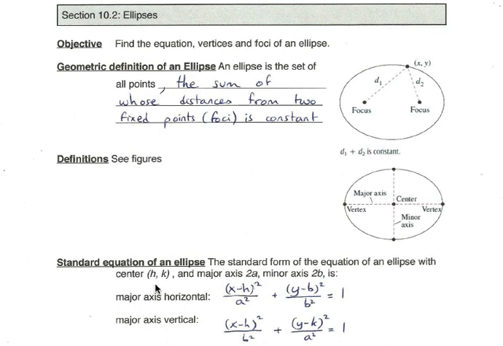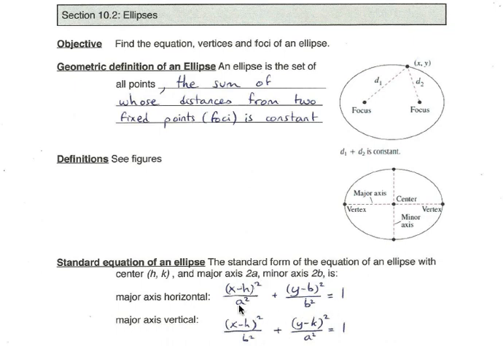H and K are the coordinates of the center, and then A is half the major axis, B is half the minor axis. It's important to notice that whether the major axis is horizontal or vertical, the equation changes a little bit.